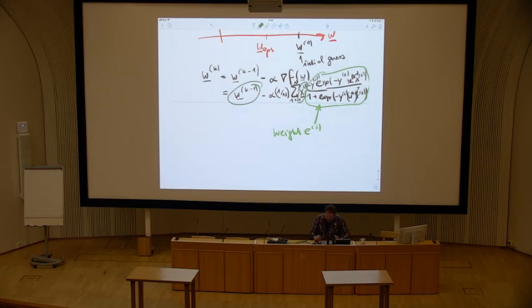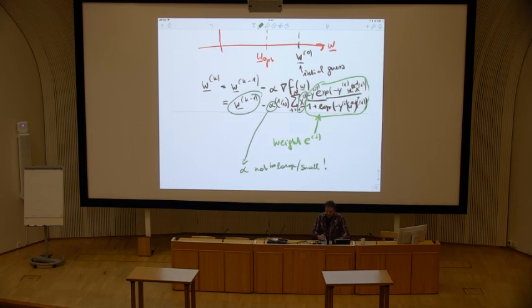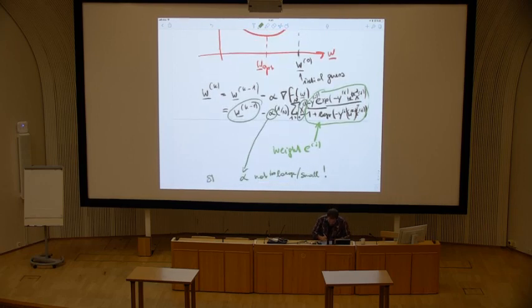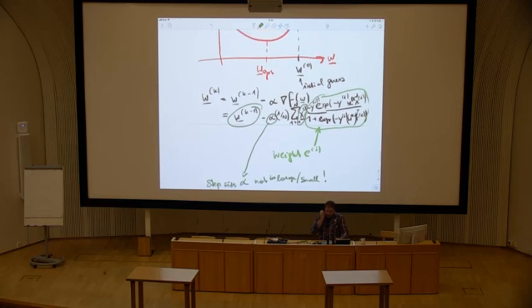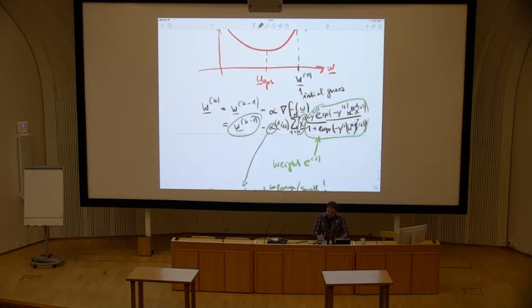As for linear regression, it is crucial to choose alpha not too large or too small. Because if the step size, so this is called the gradient step size, is too small, we need tons of iterations, and each iteration might involve summing a lot of data points, like billions of data points.